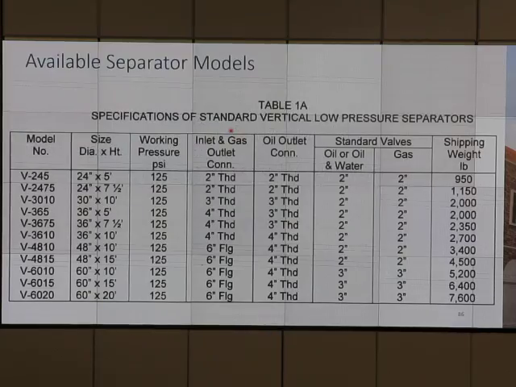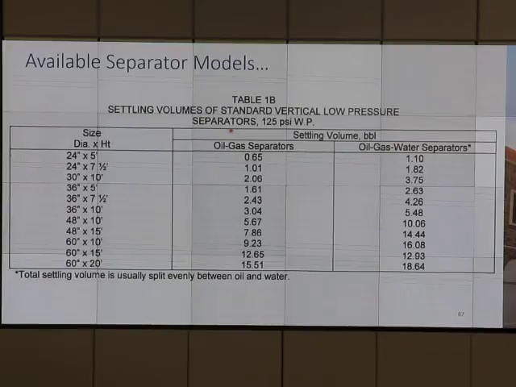And if you look at the table, the table will say settling volume for vertical low pressure separator, 125 psi working pressure. 125 is the working pressure. So they give you the size at a certain working pressure.